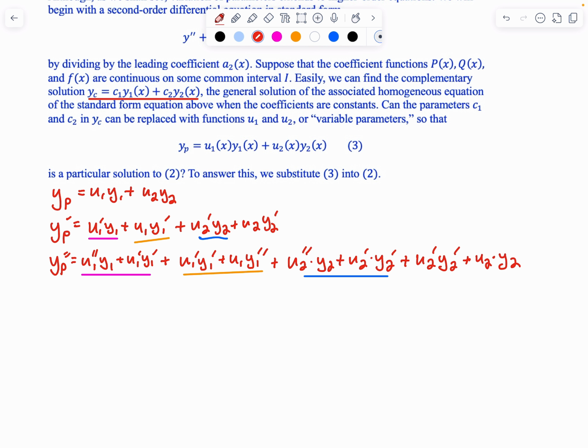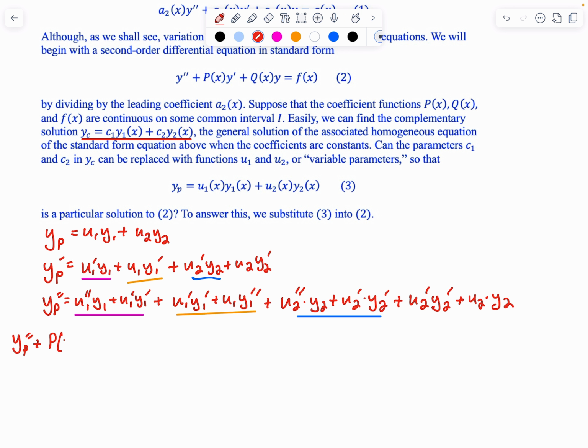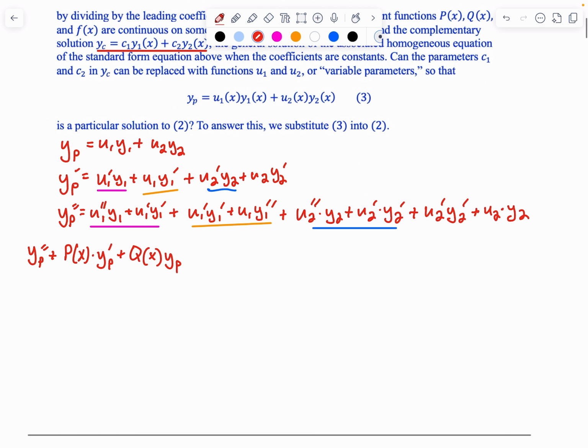All right, so let's go ahead and plug all 3 of these into the standard form diffy-q. Okay, I'm going to keep that x there because I need to remember that it is a function of x. All right, and that's also times y. All right, so plugging all this in, I am going to just write straight from my notes. When I put this together, I'm going to keep the p's together and I'm going to keep the q's together for a moment.